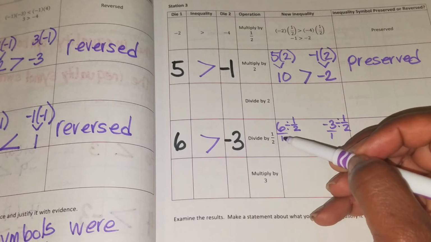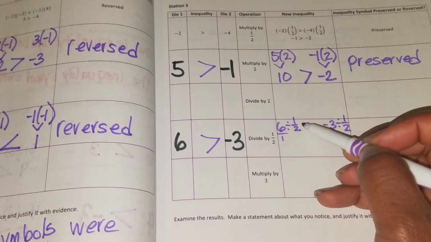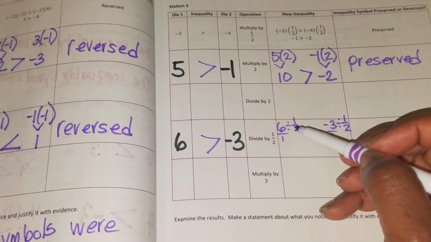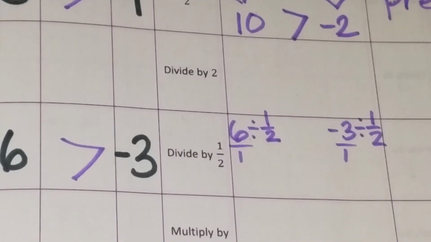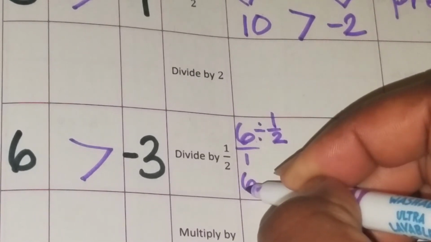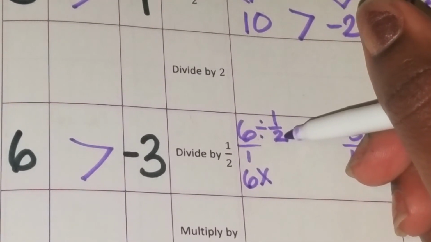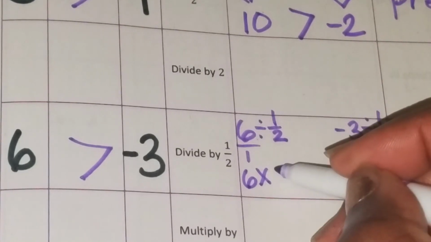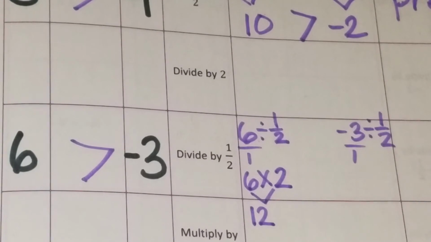Remember, when we divide fractions, we're going to use the multiplicative inverse, or that reciprocal, because dividing fractions is just multiplying by the flipped version of it. I'm going to zoom up so you can see that really well. So this is really going to be 6 times the reciprocal of 1/2, and that's going to be 2. And 6 times 2 is going to be 12.